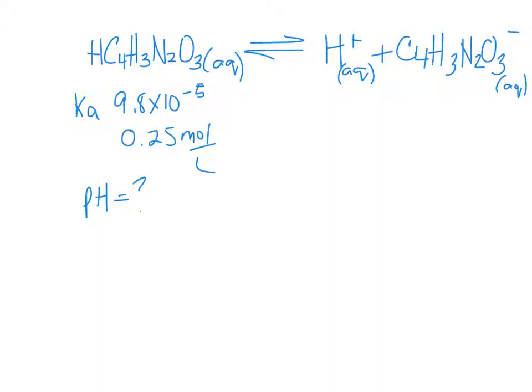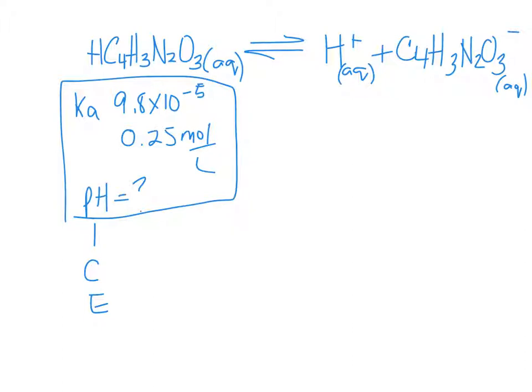So now we're going to have an ice table. I'm going to put my ice table down here. Initially, how much acid do we have? What value? 0.25, because there's only one substance here.